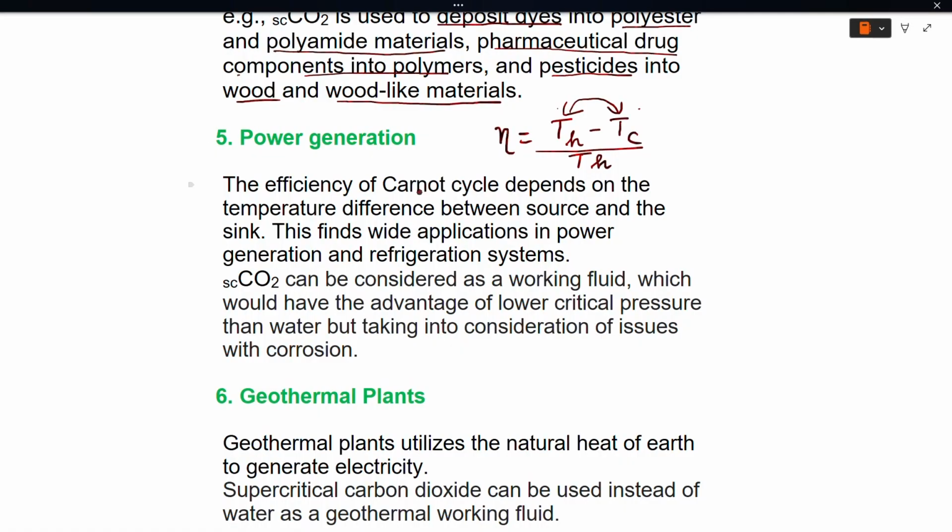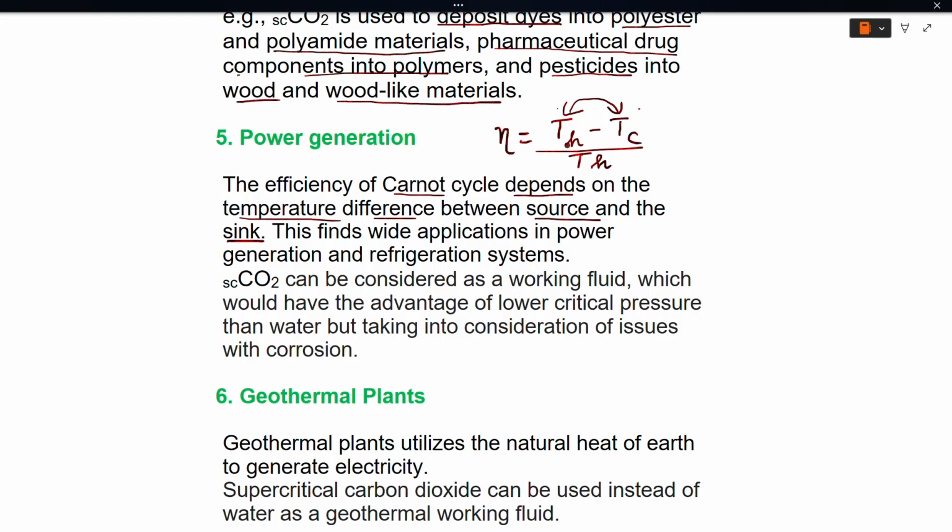So, efficiency of a Carnot cycle depends on the temperature difference between source and sink. Sink is that which I have shown as TC, that is a cold condition. Source is where we get the heat energy and therefore, it is represented as temperature with a subscript H. It shows that it is hot.